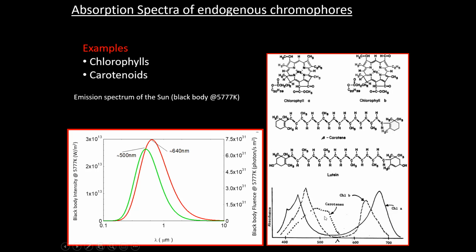But for example, if you look at the absorption band of carotene, it is peaked here around 500 nanometers.